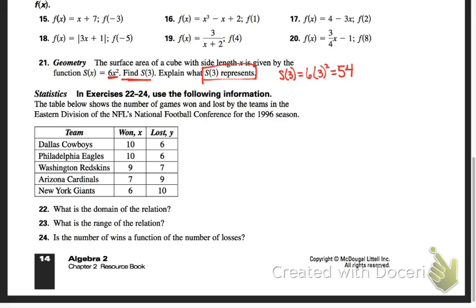Find what? Find S sub 3. Well, what is S sub 3? It's the surface area of a cube with a side length of 3.